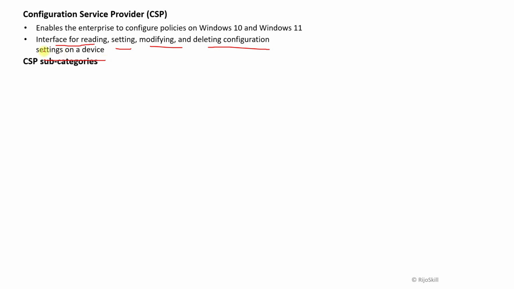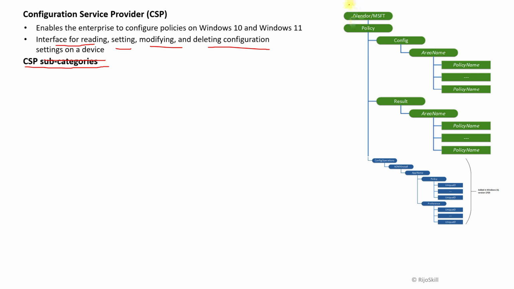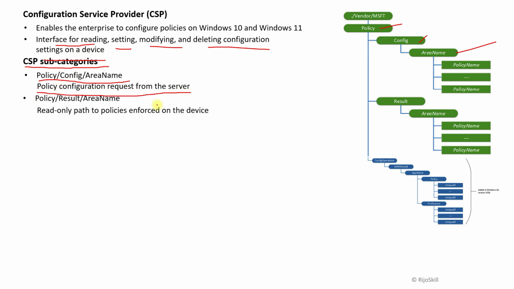What are the subcategories available for the CSP? You can see here the policy configuration area name, which is the policy configuration request from the server, and the policy result area name, which is a read-only path for the policy enforced on the device.